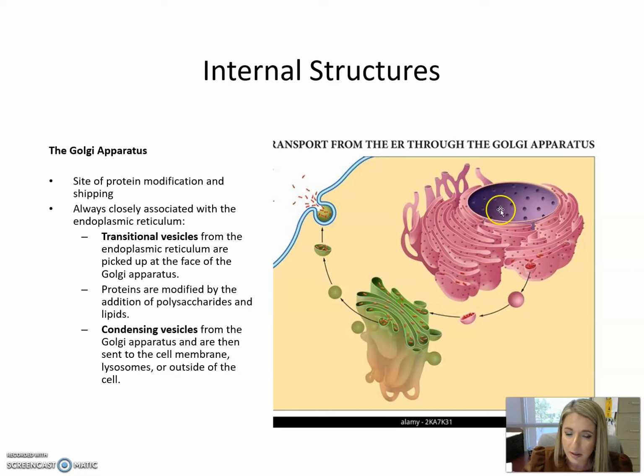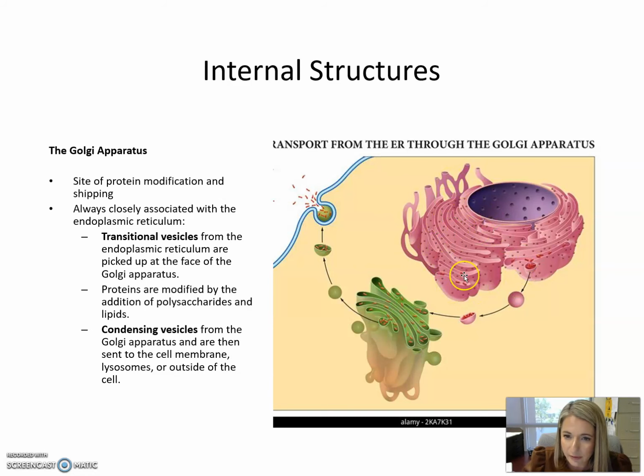Here again we have the nucleus in the center. Extending off of that nucleus, we have the rough ER, and we can tell that it's the rough ER because it's studded with all the ribosomes. And then over here we can see a little bit of the smooth ER since we don't see those ribosomes.